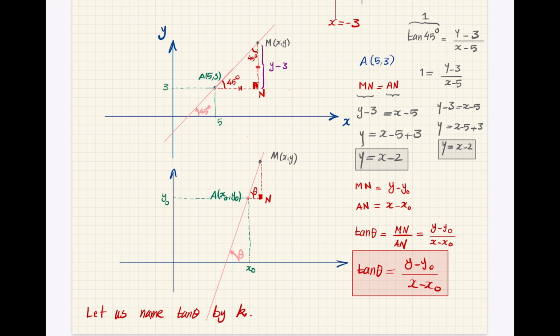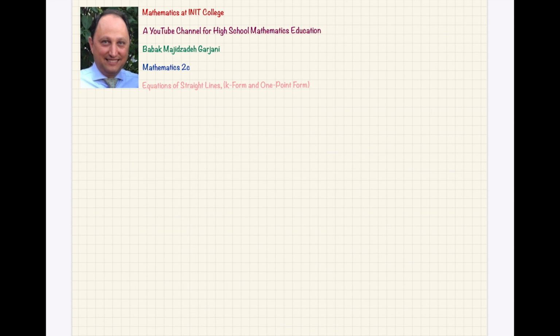Okay, then this equation gives you k is equal to y minus y node divided by x minus x node. Let me go to the next page. There is not enough space here. So what I do, k is equal to y minus y node divided by x minus x node.